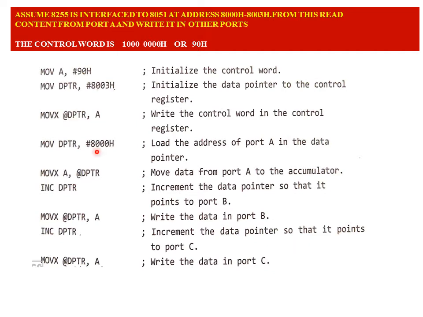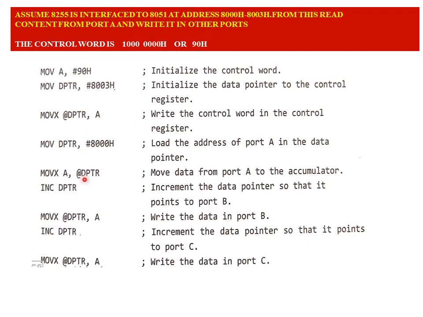Next, the port A address, this is 8000H. The port A address is stored into the data pointer register, so here we are using DPTR, nothing but the data pointer register. Now the address of port A is stored in the data pointer register.